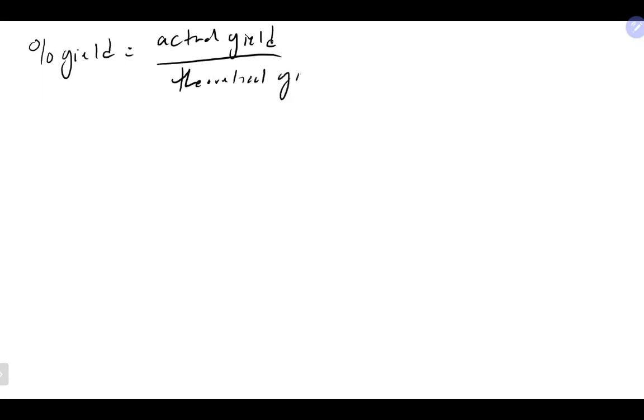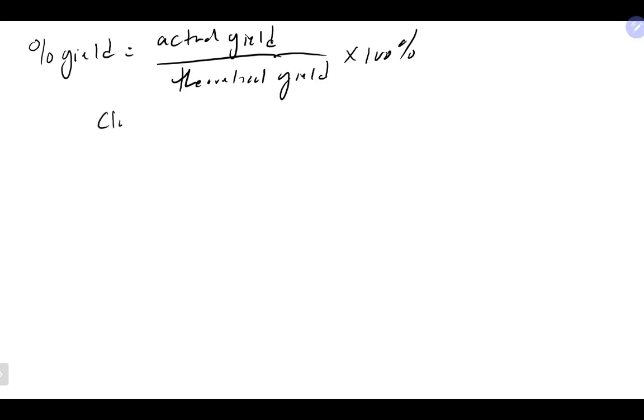We also sort of finished up talking about percent yield, right? Percent yield is the actual yield divided by the theoretical yield times 100%. A lot of times when we do stoichiometry problems, we will calculate our percent yield.